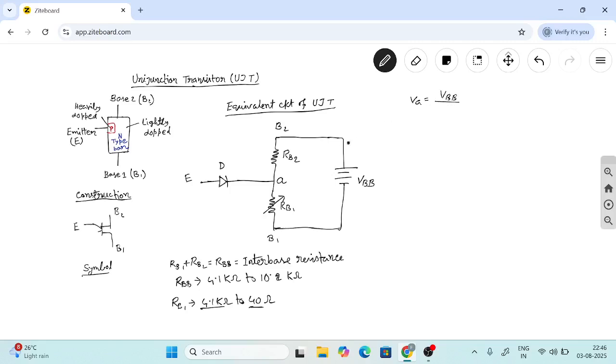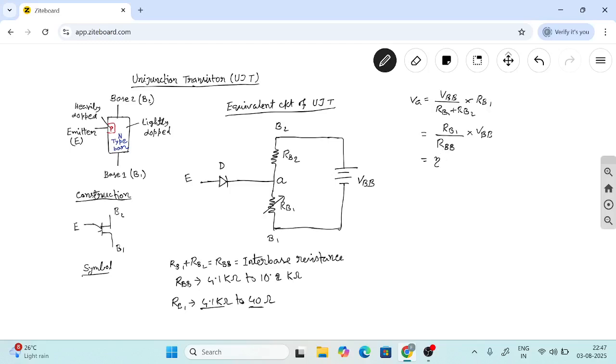If we apply the potential divider method, the voltage across RB1 we can write as VBB, total voltage, divided by total resistance RB1 plus RB2, into RB1. That is RB1 by RB1 plus RB2, which equals RBB, the total inter-base resistance of UJT, into VBB. And here RB1 by RBB is called the intrinsic standoff ratio.